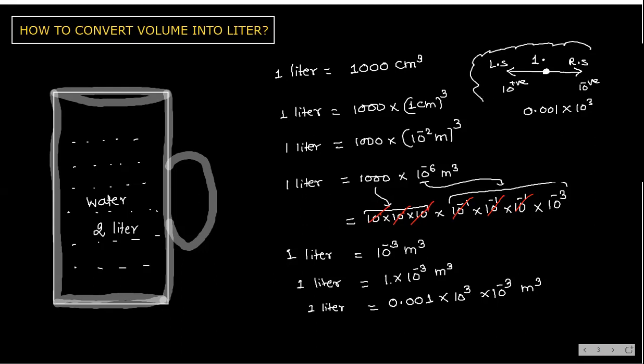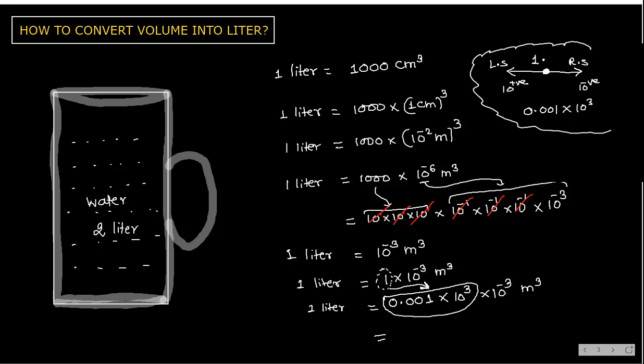That's why what I did, this one I have written like this. At the place of this one, I have written this whole term. Understood? This part. And this 10 power minus 3 is as it is.